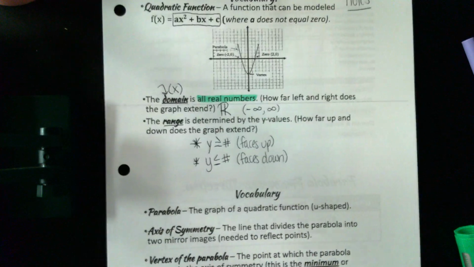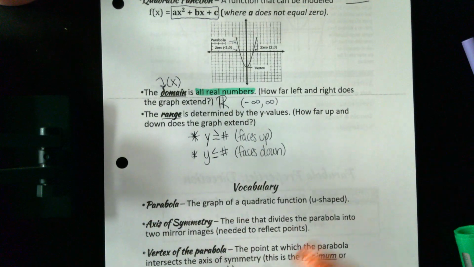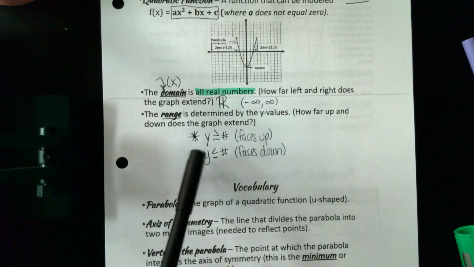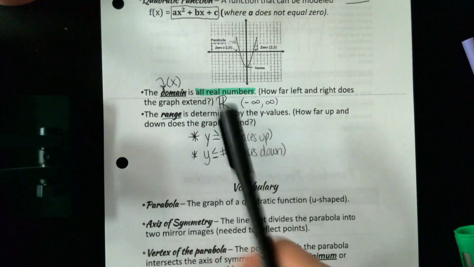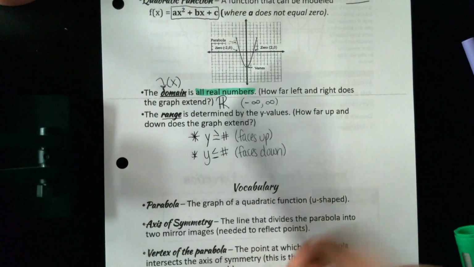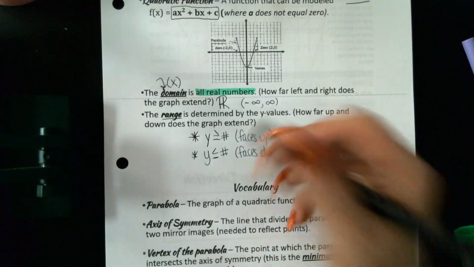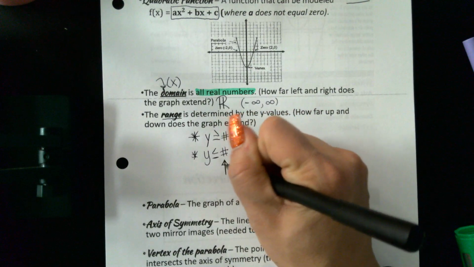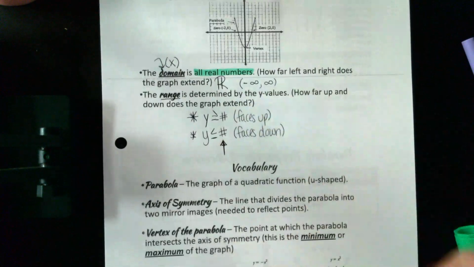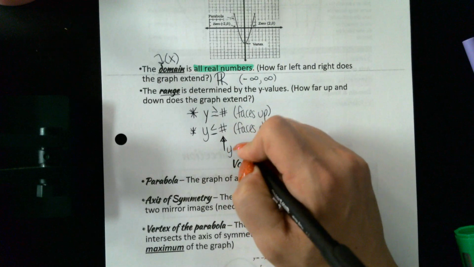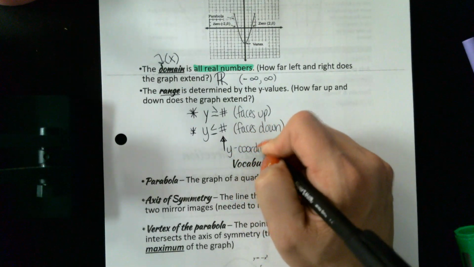Okay, so that's how you know whether to use the greater than or less than. But you have to always include the letter y, and there will be some number over here. We might as well go ahead and write that down. So the number over here is going to be the y coordinate of the vertex.